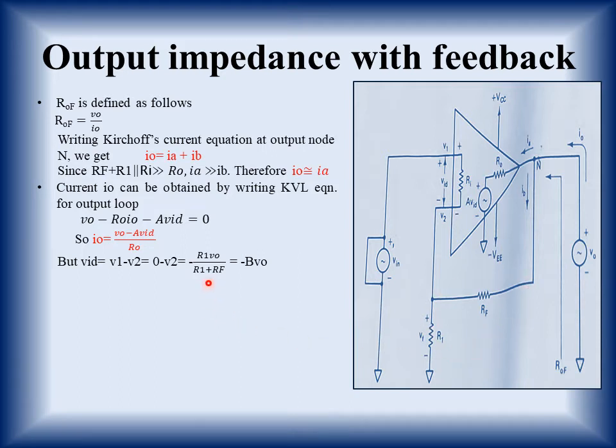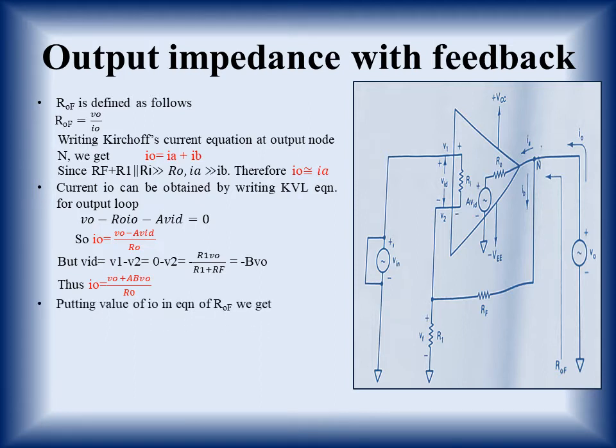It is R1 upon R1 plus RF into V naught, and R1 upon R1 plus RF we have already defined as capital B. So VID is simply minus B V naught. Placing this value in AVID in place of VID, we get I naught equals V naught plus AB V naught upon R naught.